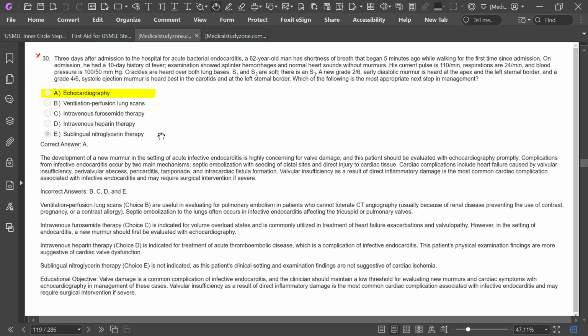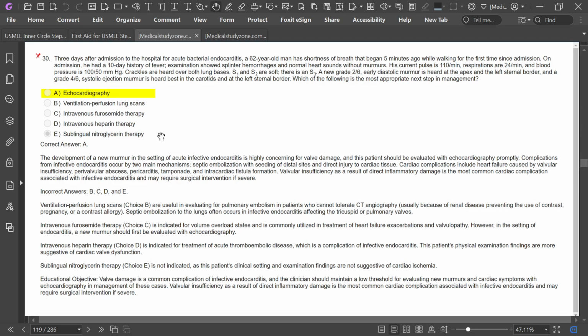Intravenous furosemide therapy, D, sorry. IV heparin therapy is indicated for acute thromboembolic disease, which is a complication of infective endocarditis. This patient's physical examination findings are most suggestive of cardiac valve dysfunction.